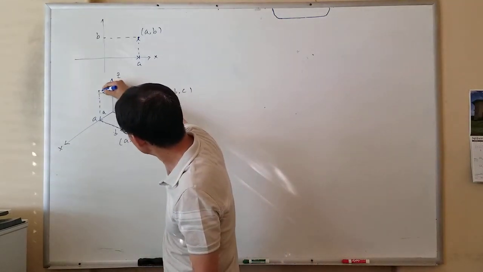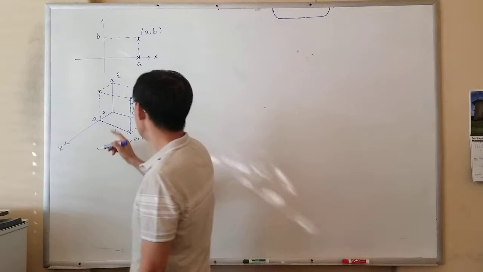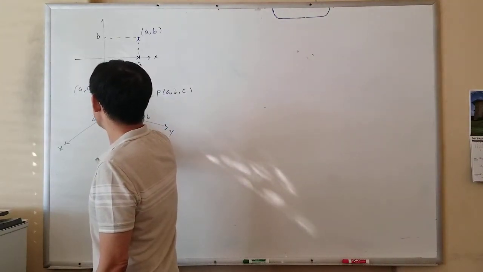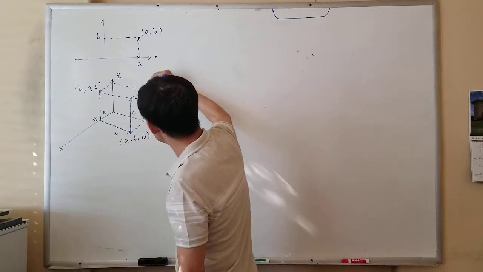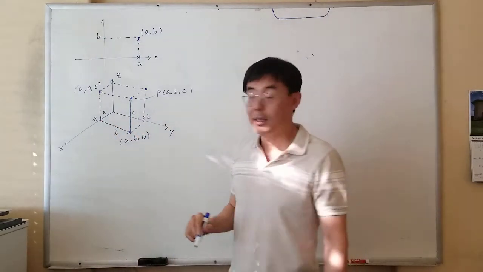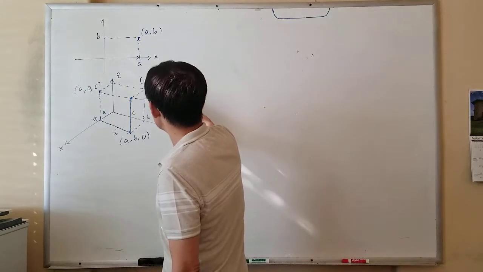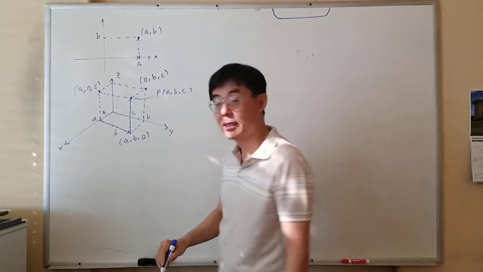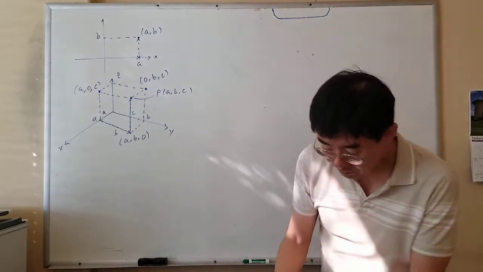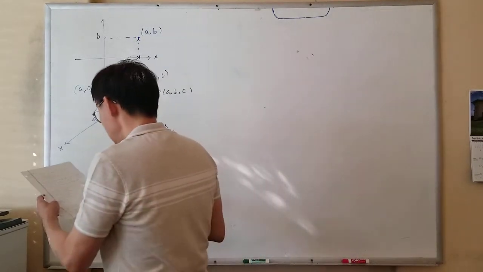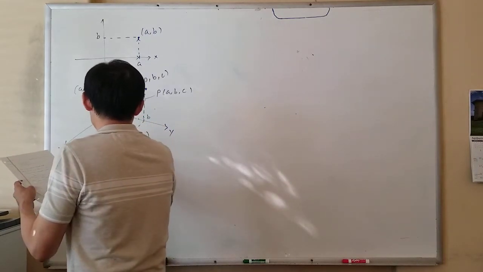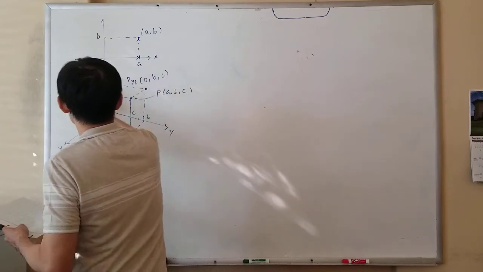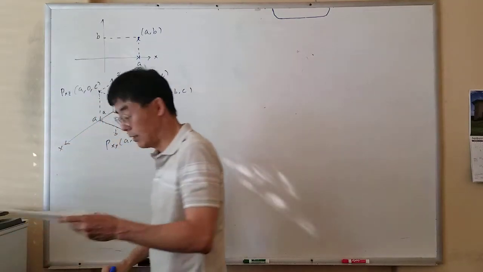The projection point onto the xz plane will be A, y coordinate 0, z coordinate C. The projection point onto the yz plane will have x coordinate 0, and B, C. We call these the projection onto xy, onto yz, and onto xz.